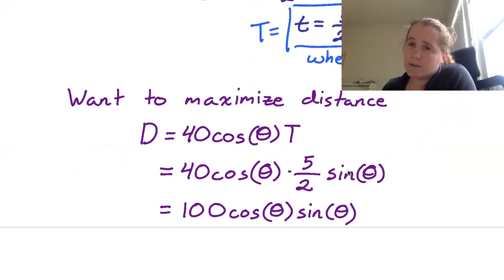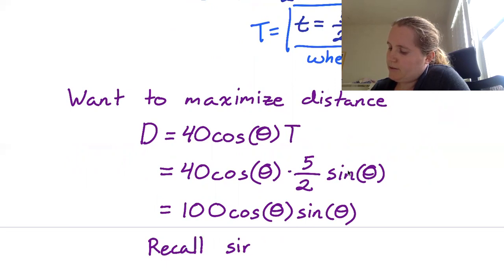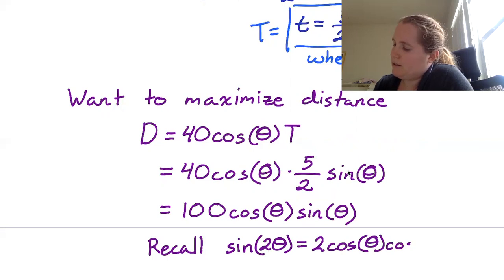And I'm going to use a little trig identity manipulation here, just to make my life easier. So recall that sine of 2 theta is 2 cosine theta sine theta, or sine theta cosine theta, whichever way you want to read it.